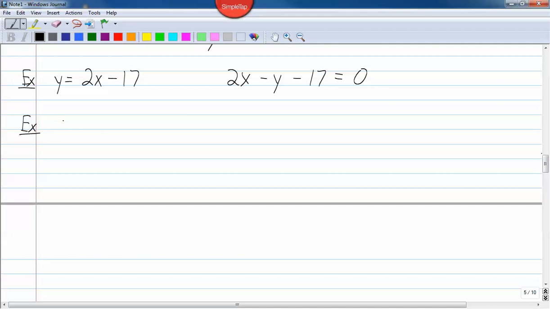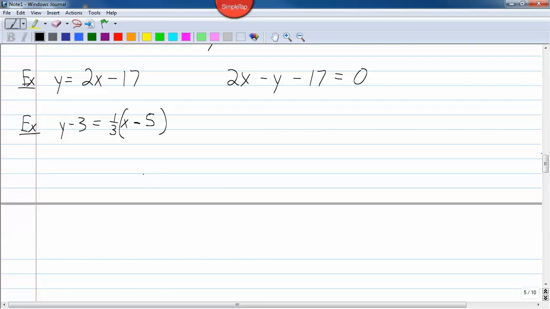Alright, what if I had, say, y minus 3 equals 1/3 times, sorry, write you a parentheses, x minus 5. So that's the point slope form of the equation of a line.